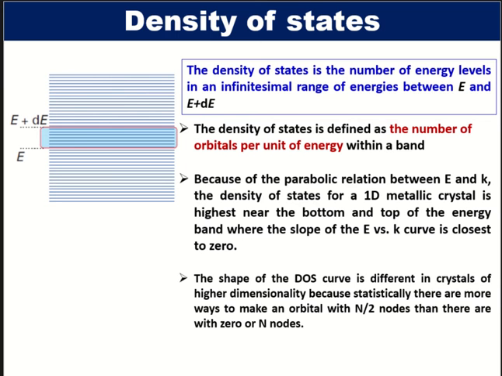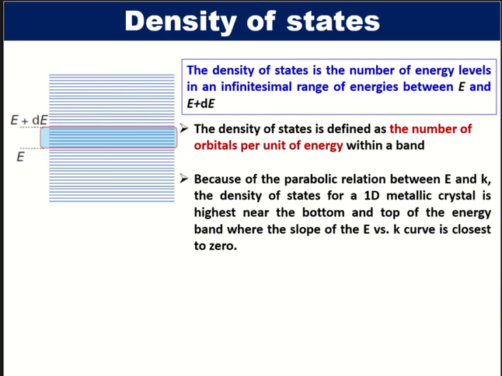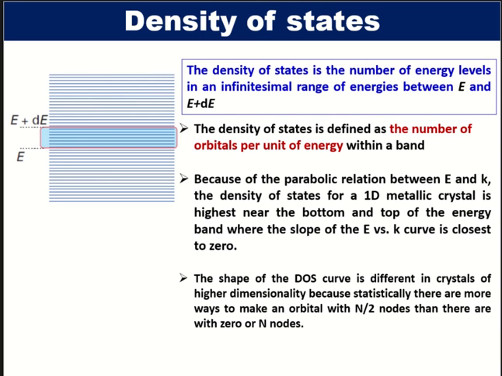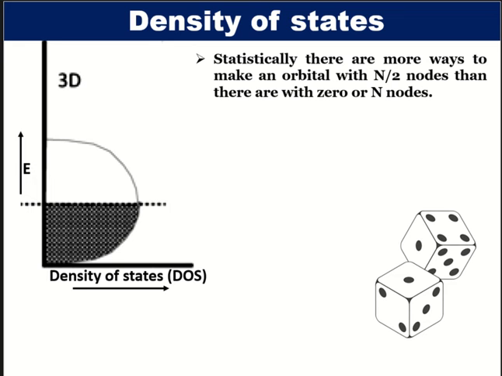So here, the density of states for a one dimensional crystal is highest near the bottom and the top, because of the number of ways in which you can construct those orbitals, and it is less in the middle. Sorry, this is actually the 3-dimensional curve.